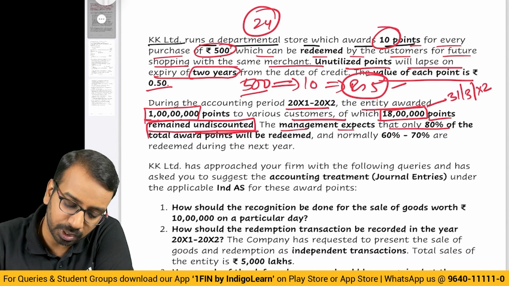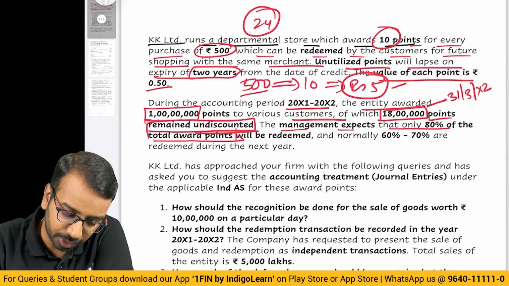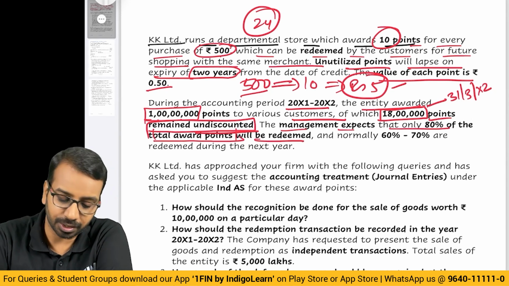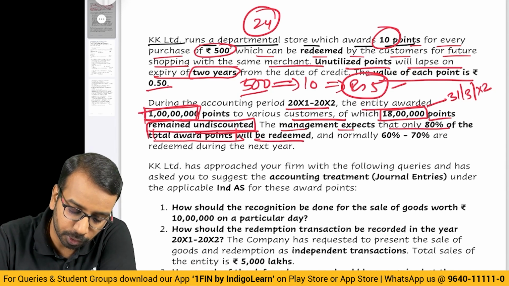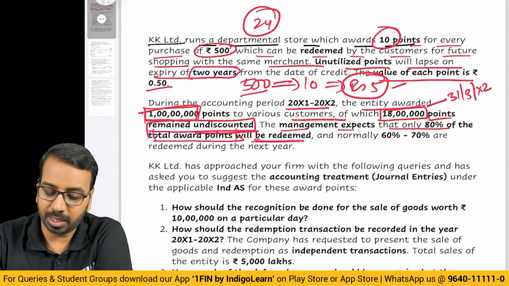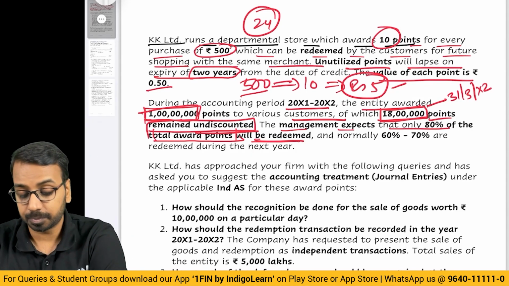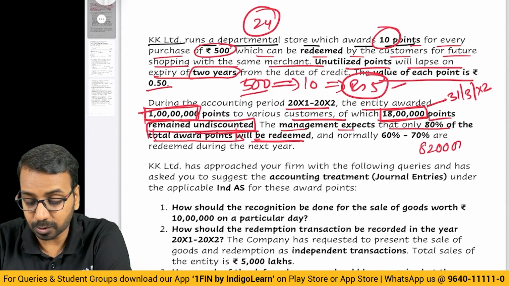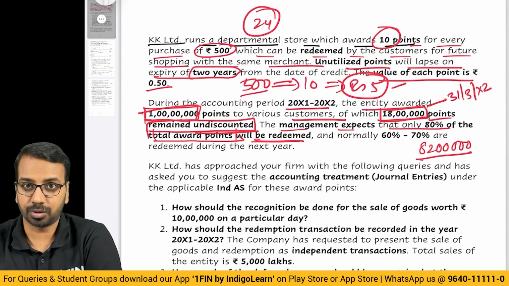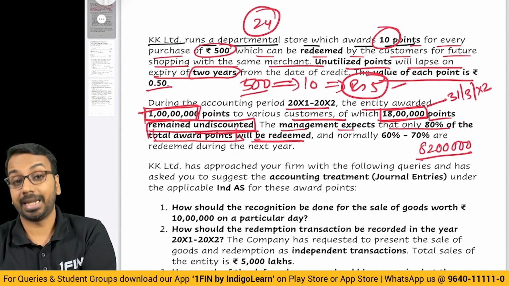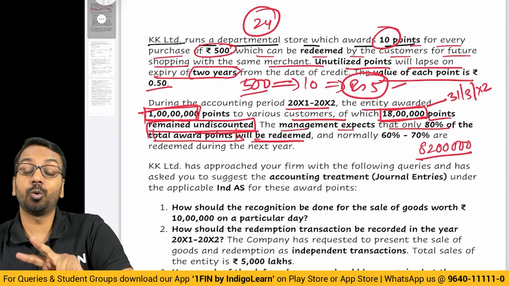Management expects that only 80% of the total award points will be redeemed. The expectation is that out of this 1 crore, 80% will be redeemed. But if you see, only 18 lakh points are left. Means what? 82 lakh points have come back for redemption. Now here there are two types of assumption.